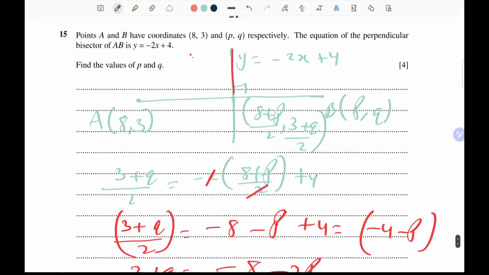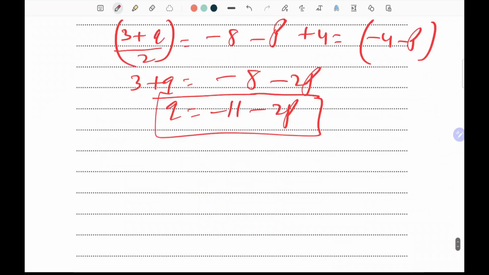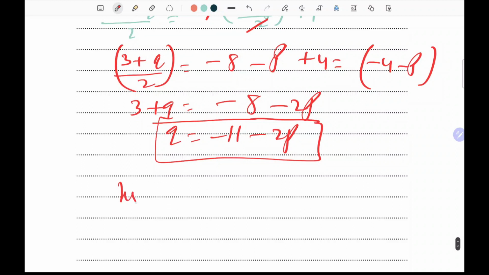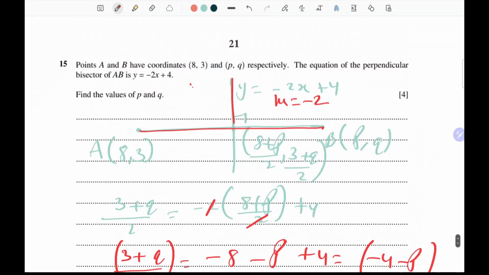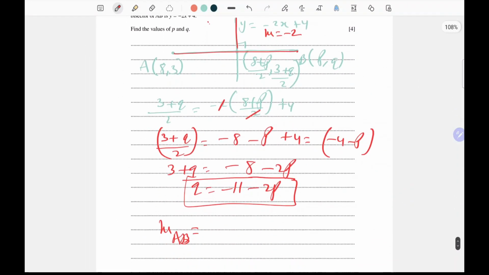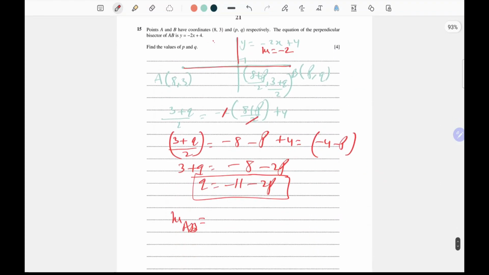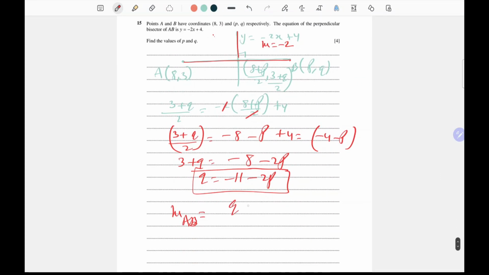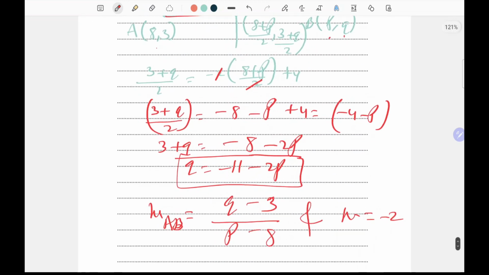What's the gradient of this perpendicular line, guys? Minus 2. Can we find the gradient of AB? Yeah, we can find the gradient of AB. What is that? So this is q minus 3 over p minus 8, and the perpendicular line has gradient minus 2, right?